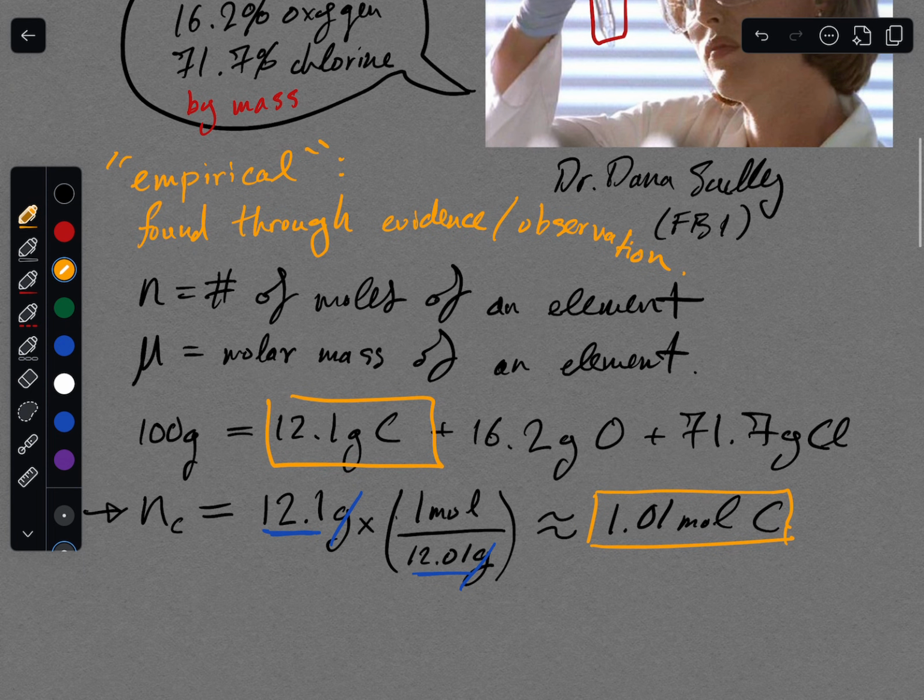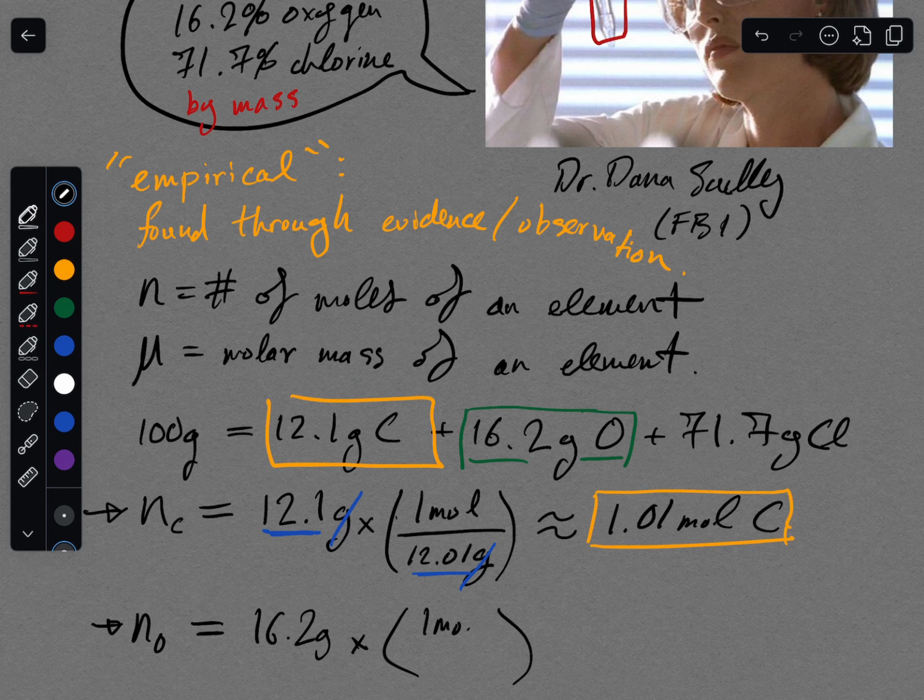So let's do it with the oxygen. So then my number of moles of oxygen, how do I find this? I'm going to go here and find, okay, 16.2 grams of oxygen. And I'm going to multiply that, grams of oxygen, by, once again, 1 over the molar mass so that the units work out.